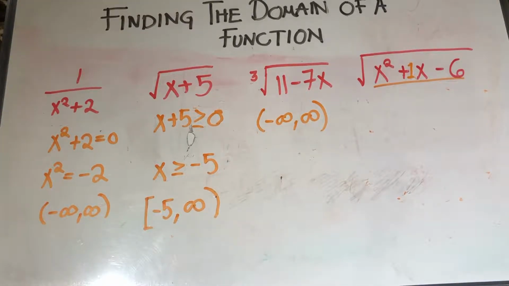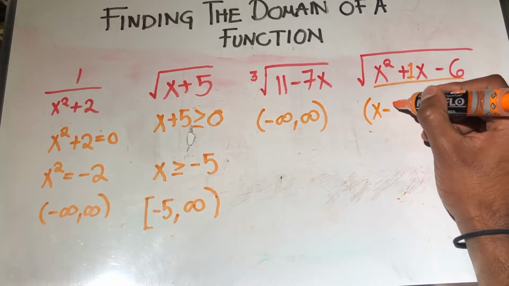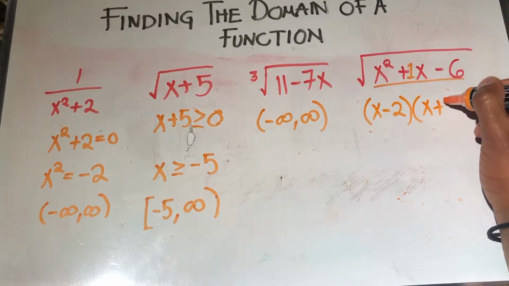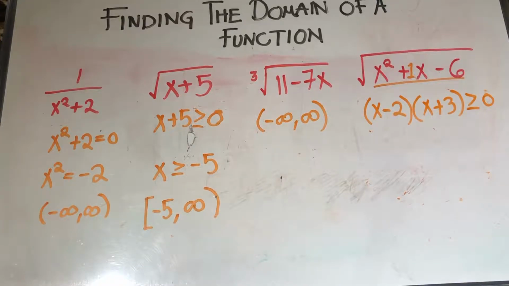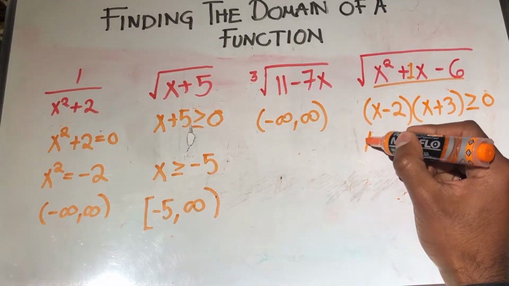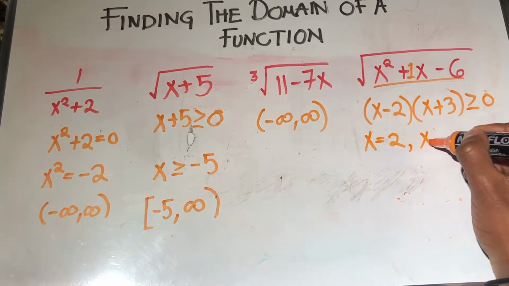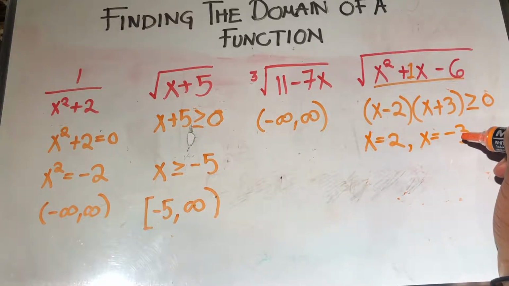Two numbers I can think of are x minus 2 times x plus 3, and all that is greater than or equal to 0. So basically, x is equal to 2 and x is equal to negative 3.